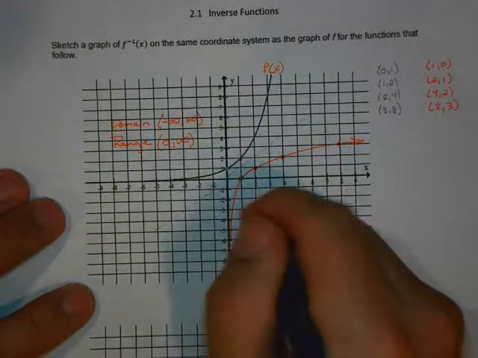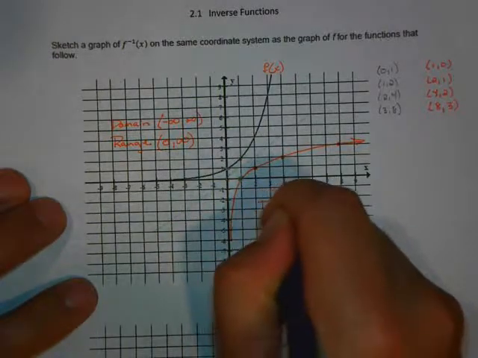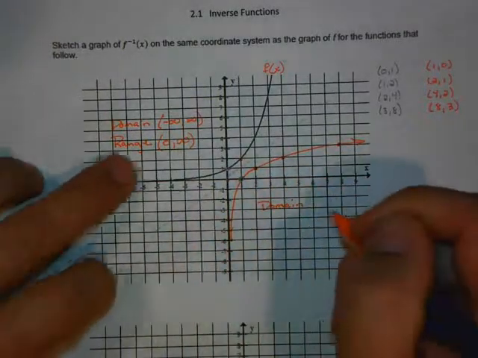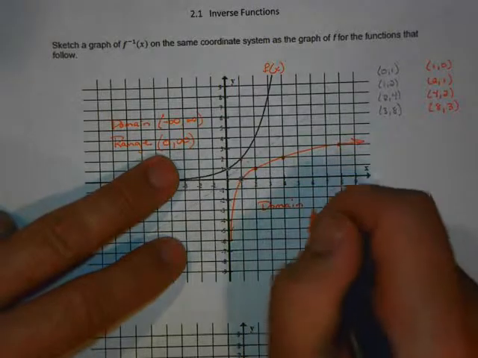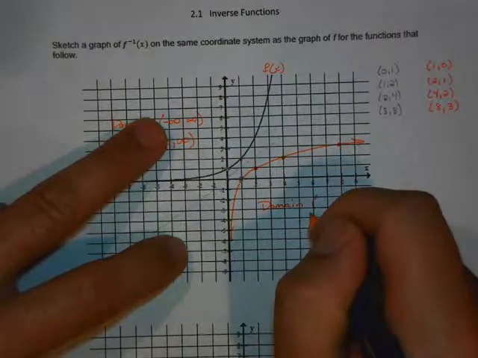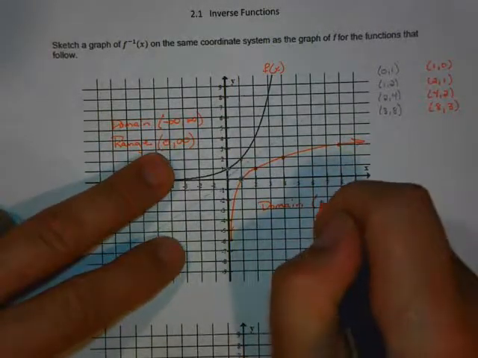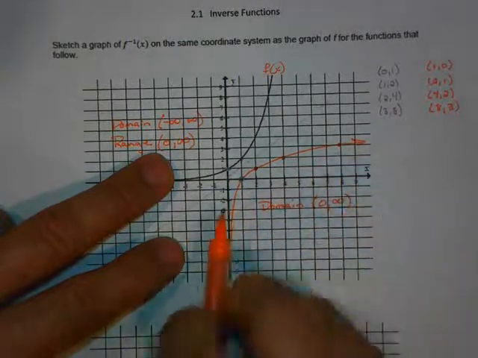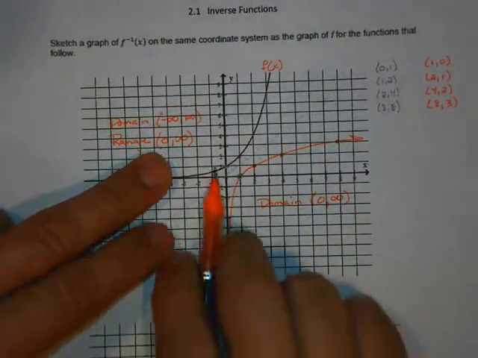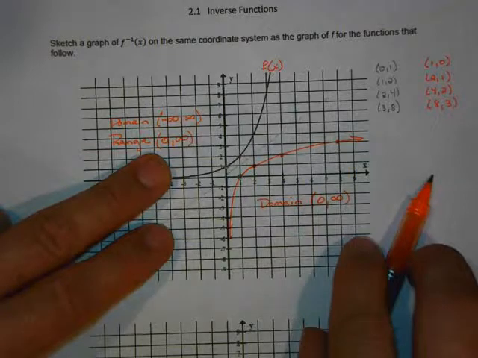Now what's the domain of this function going to be? The domain is going to be the range up here. So instead it's going to be not all real numbers, but 0 to infinity, and notice how it gets real close to 0 and above.